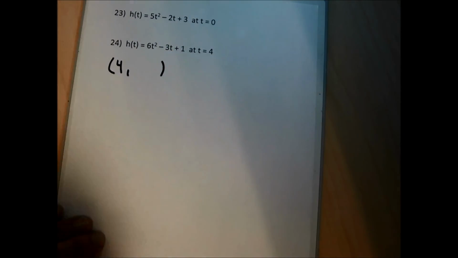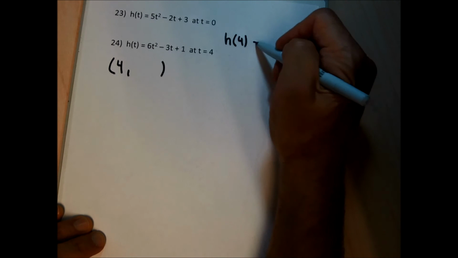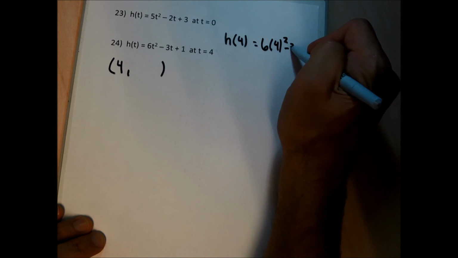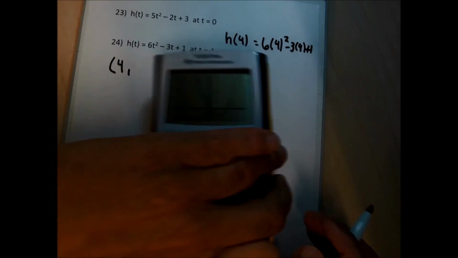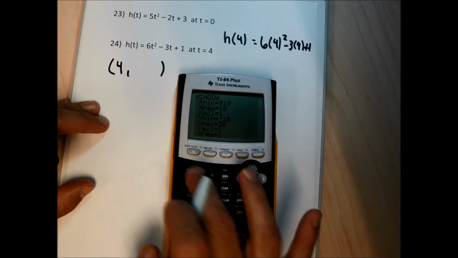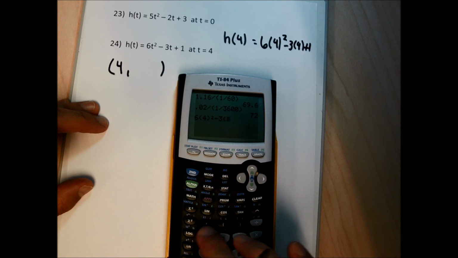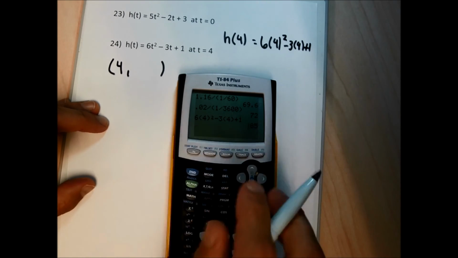Let me get that something by going h of 4 equals 6 times 4 squared minus 3 times 4 plus 1. I want to do that by hand. So I'm going to go 6 times 4 squared minus 3 times 4 plus 1. 4 comma 85.